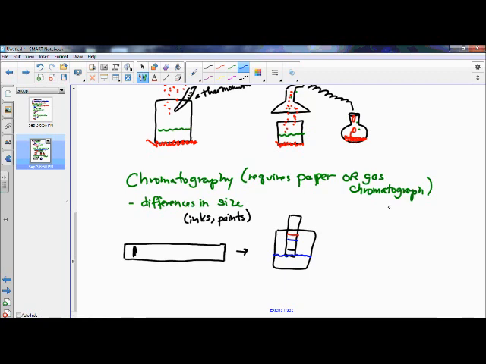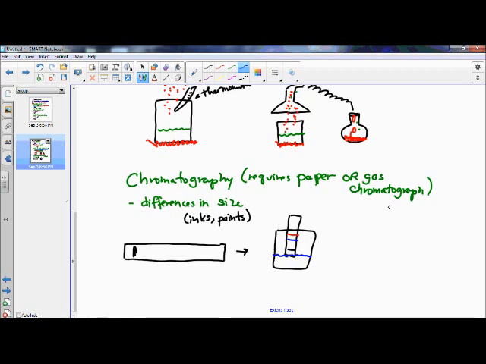A gas chromatograph does something kind of similar, except it doesn't have paper and water. It just zaps the substance with a laser, and then the particles that are lightweight move through the air faster. They usually have a little bit of a stream of air moving through the chromatograph above the laser. So as the vaporized things rise up, a stream of air pushes them along. The lighter weight things go into what's called a detector first, and the heavier things come second.